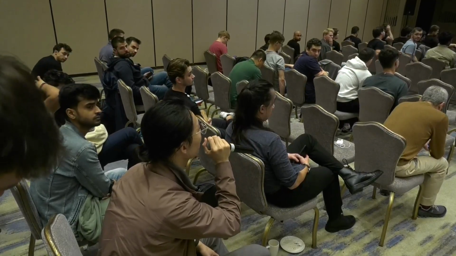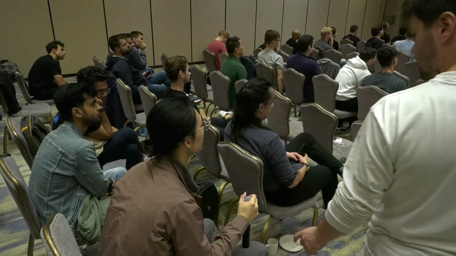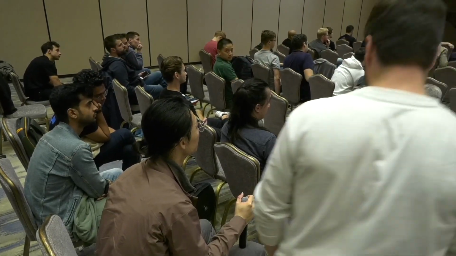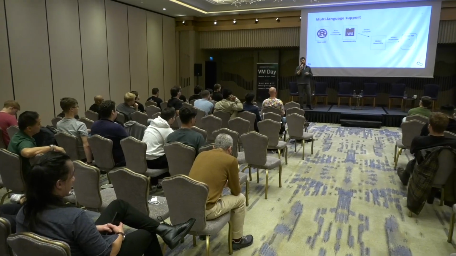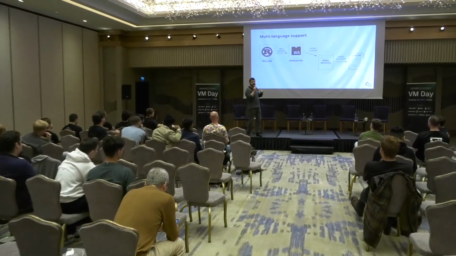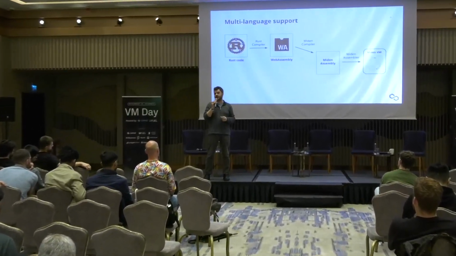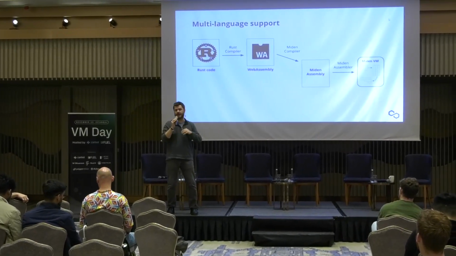Quick question: can you illustrate the difference between Maiden and Polygon 0? Well, Polygon 0 is a prover, right? Polygon 0 is a prover that we're building for the POS chain. So they're different. Maiden is its own VM. Polygon 0 is the proving system, like Plonky 3, for example, which Maiden probably will use in the future. They're different parts of the stack, so to say.